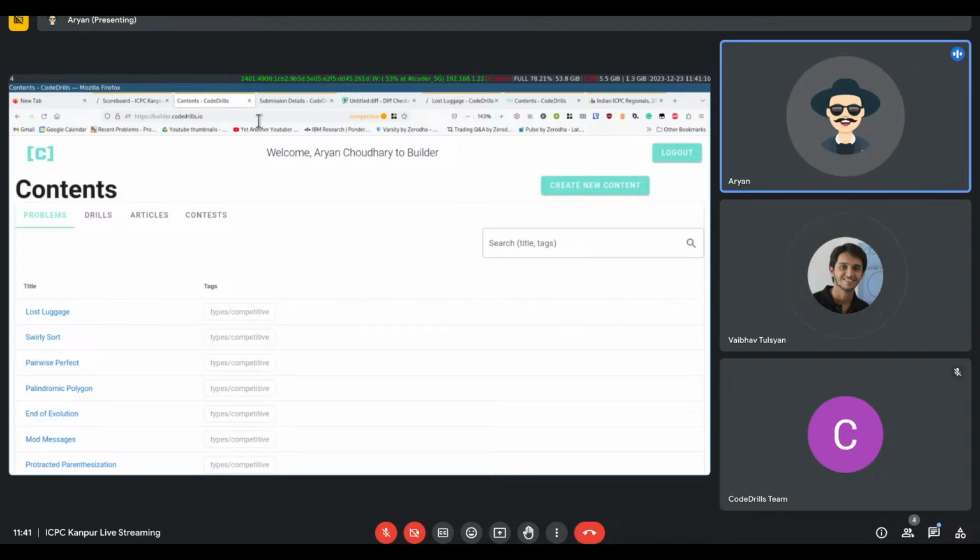Our initial estimate for that problem was around 2300 to 2400 based on Codeforces difficulty level. But in the end, its difficulty turned out to be around 3300 to 3400 on Codeforces.